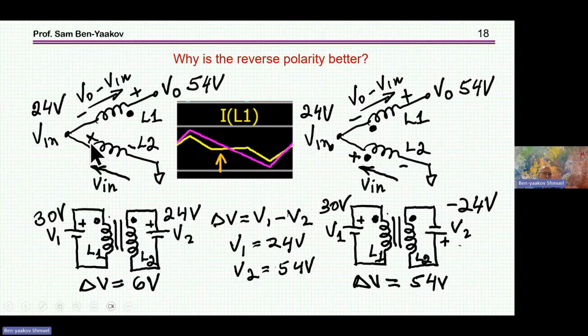For this case, when the two diodes are conducting, this will be duty cycles, say, smaller than 0.5, then you have a larger voltage, and this is why you have a larger slope here. So this slope is really obtained by this reverse direction, and this is why we prefer this.